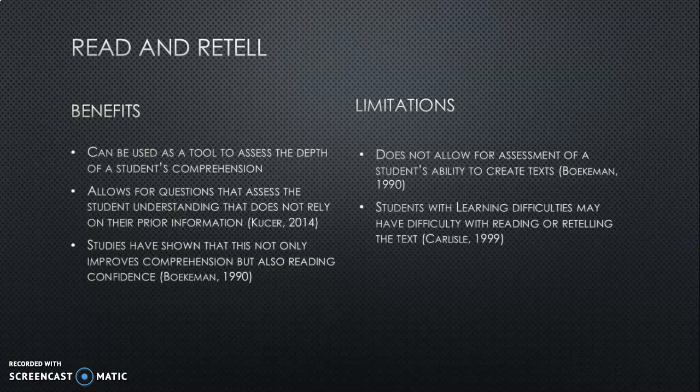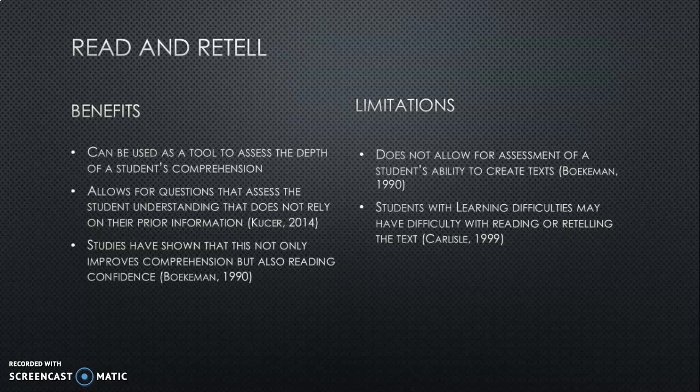Okay, next we're going to have a look at a different assessment type called read and retell. Now, the benefit of this is it can be used as a tool to assess the depth of comprehension. So we're not just looking at what the dog did, we're actually asking for a bit more information. We're allowing for questions that assess the student's understanding that do not rely on prior information.